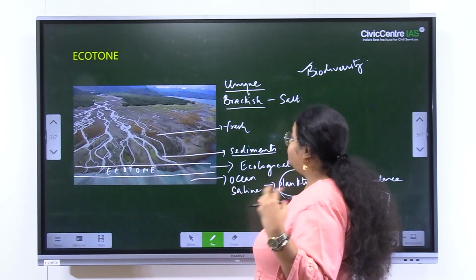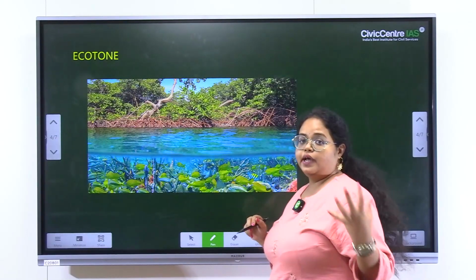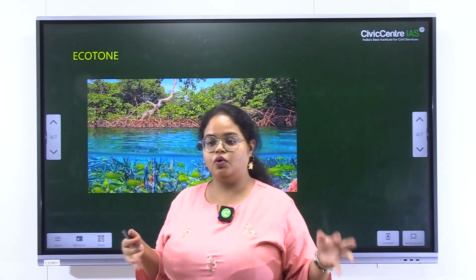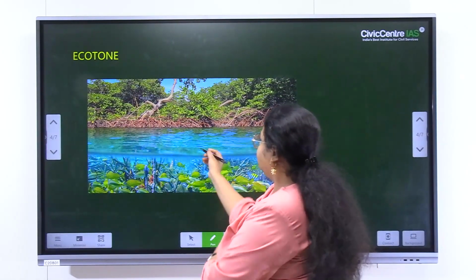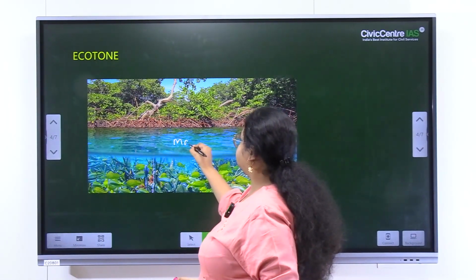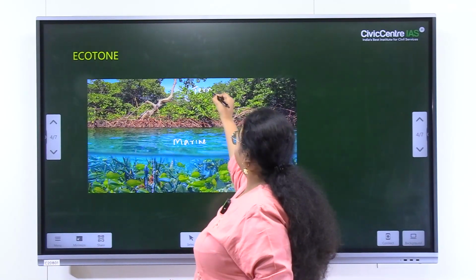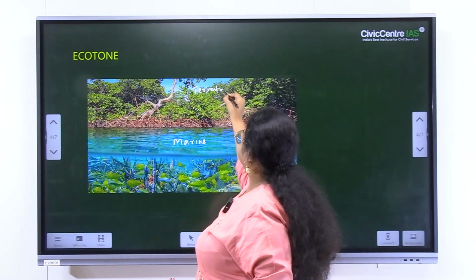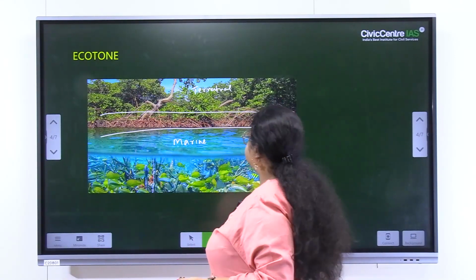And here unique species like mangroves grow and they adapt to this ecosystem. Let's see, here you can find the marine waters and here you have the terrestrial ecosystem. And this zone in between, the zone of junction, is an ecotone.